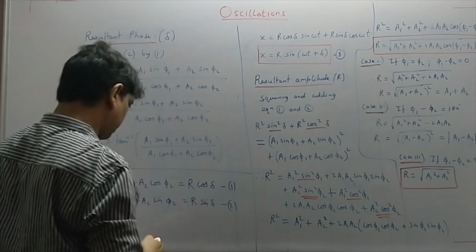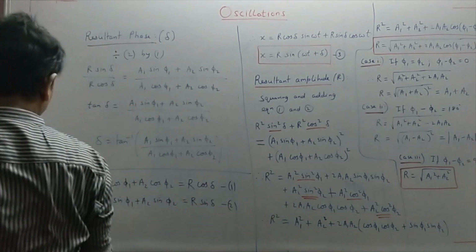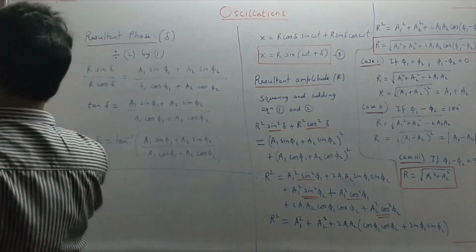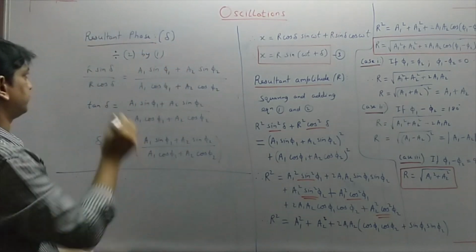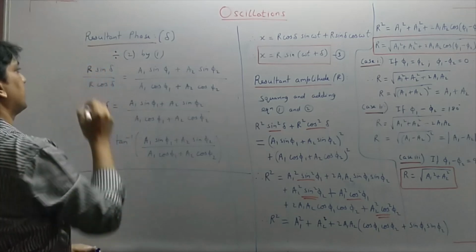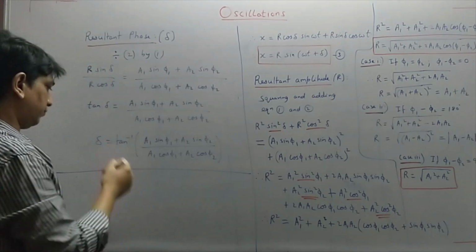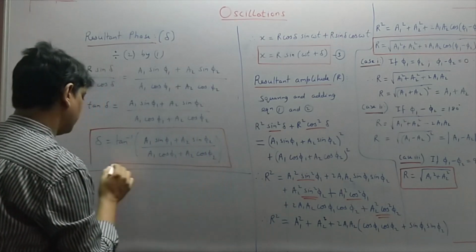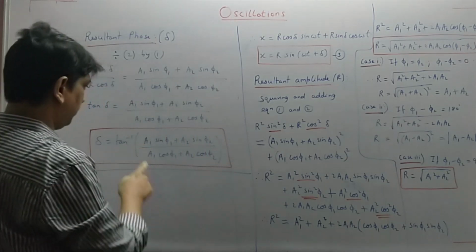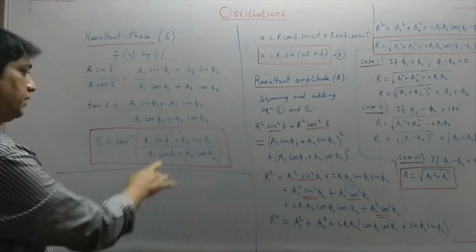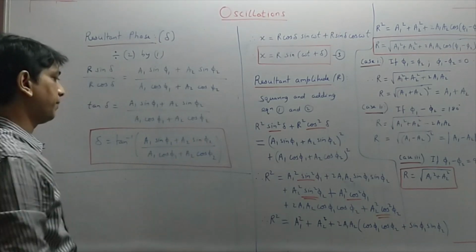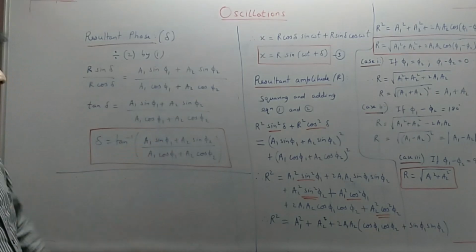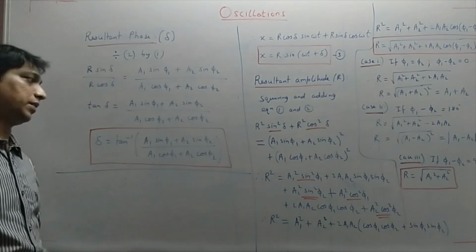So by dividing equations 1 and 2, we got the resultant phase. The formula for the phase delta depends on the amplitudes A1 of the first particle and A2 of the second particle, and their phases phi 1 and phi 2, their starting points. So delta is tan inverse of A1 sin phi 1 plus A2 sin phi 2 upon A1 cos phi 1 plus A2 cos phi 2.